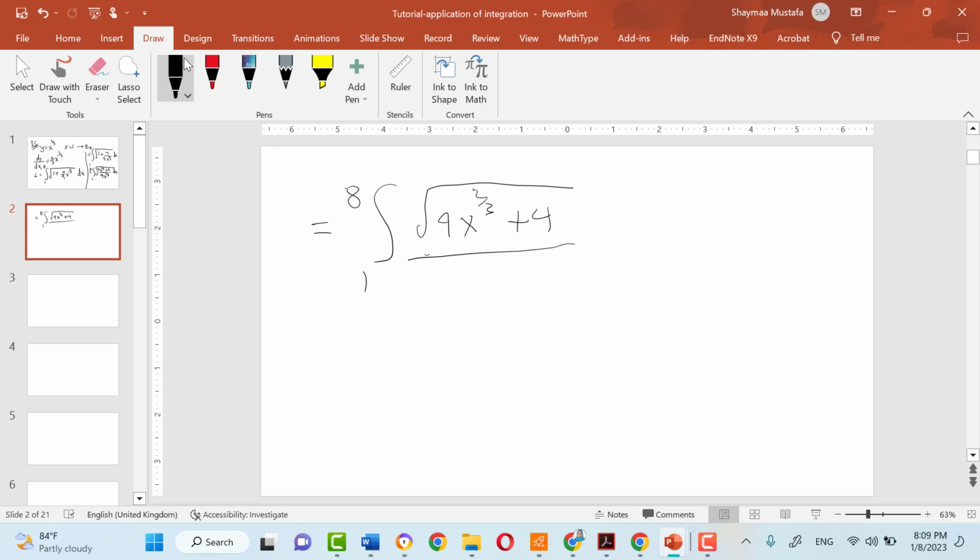So the root with the square will cancel each other, so you have x over 3, dx.